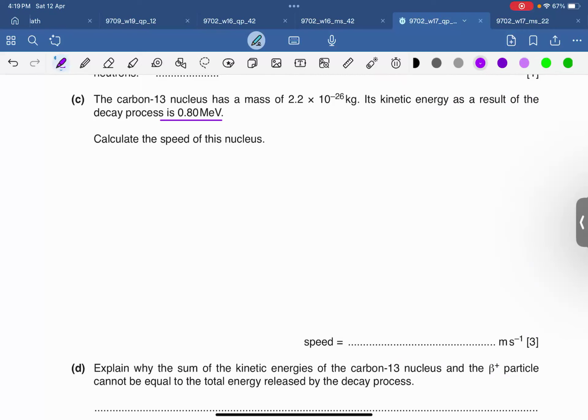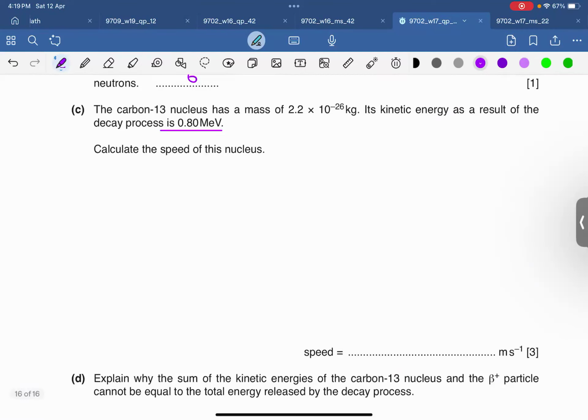Imad, do you have any idea? Kinetic energy is given, so it's half mv squared, right? What will you take this as? This is not in joules. You cannot use it in the direct formula of kinetic energy.